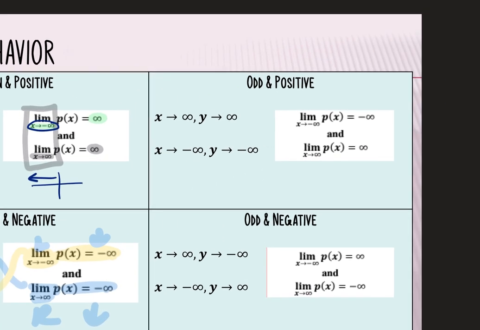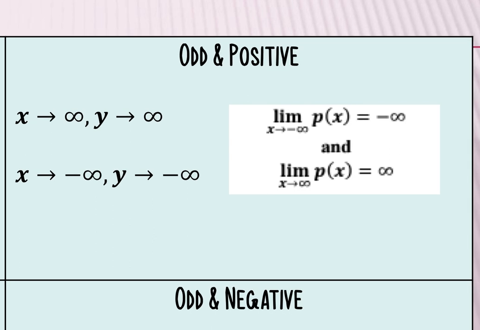Yeah. All right, now we go odd and positive. So if my exponent is odd, but the leading coefficient is positive, in regular words, what would that be? Odd but positive. Falls left, rises right.